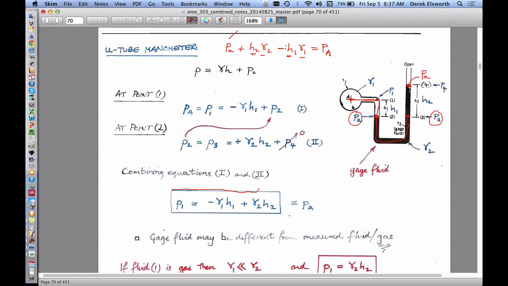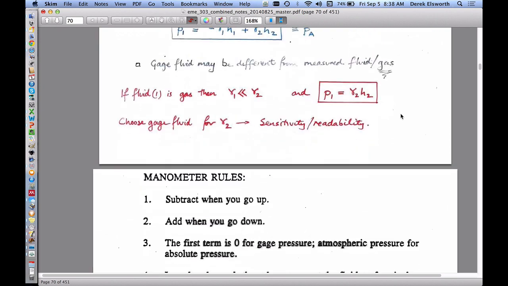If fluid number 1 is a gas, which it could be, obviously the gauge fluid can't be a gas, it has to be a liquid, then this term we would just put equal to 0 and ignore it. Then the actual equation would be that the relative pressure at PA is equal to this height times the unit weight of the gauge fluid. So in a simple case where this is a gas, the height difference between the two limbs of the manometer is actually the pressure differential between atmospheric and otherwise. Okay? So that is all that we'll end up doing.